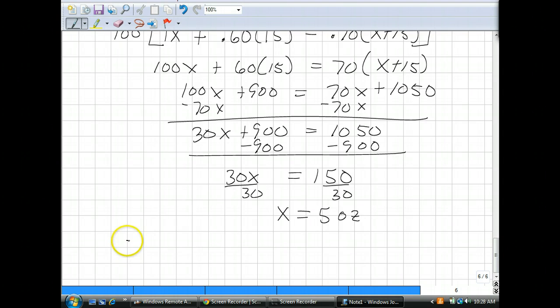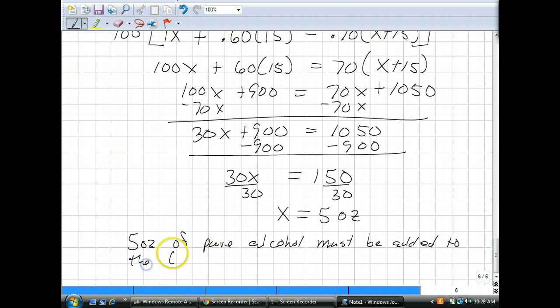So we would say 5 ounces of pure alcohol must be added to the 60% solution to produce a 70% solution. Right, so that's one type of problem that we would do.